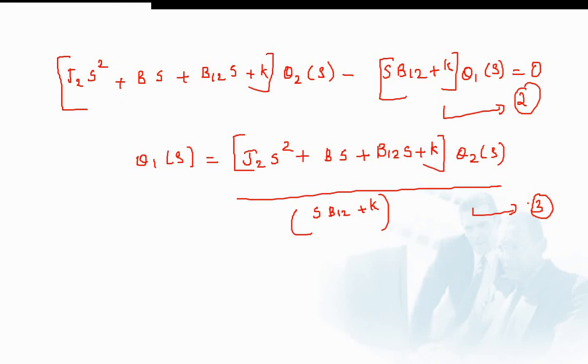and we can write the transfer function theta 2 of s by theta 1 of s, or else we can directly apply the Cramer's rule.